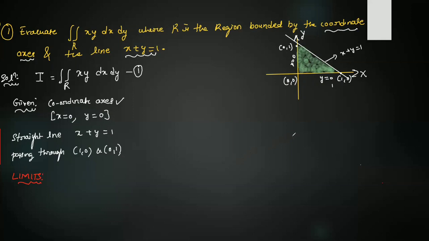You tell me, which one will you take as the independent variable? Shall we take x as the independent variable? Yes. So for this region, x is varying from where to where? x starts at 0, till where is it varying?